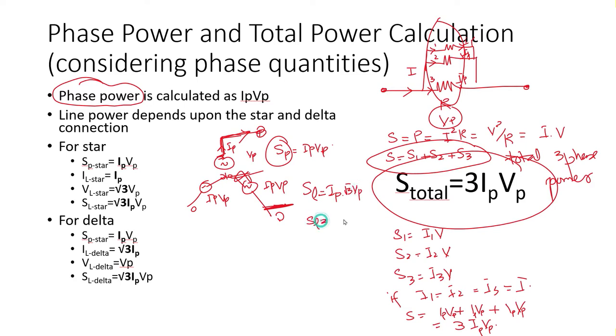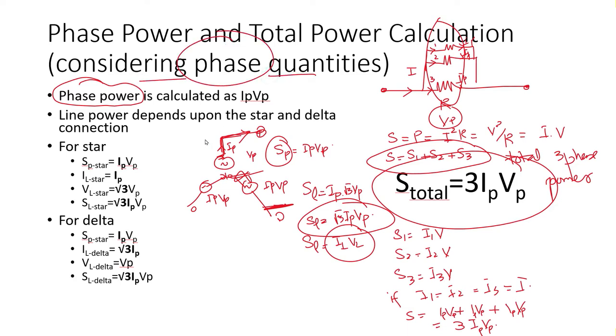So S line is equal to root 3 IP VP. We can also write it as S line is equal to IL VL. So single line power would be IL VL, but we are interested in S line with respect to phase because we are considering phase as the base quantity here. Now the S line in star would be equal to root 3 IP VP.